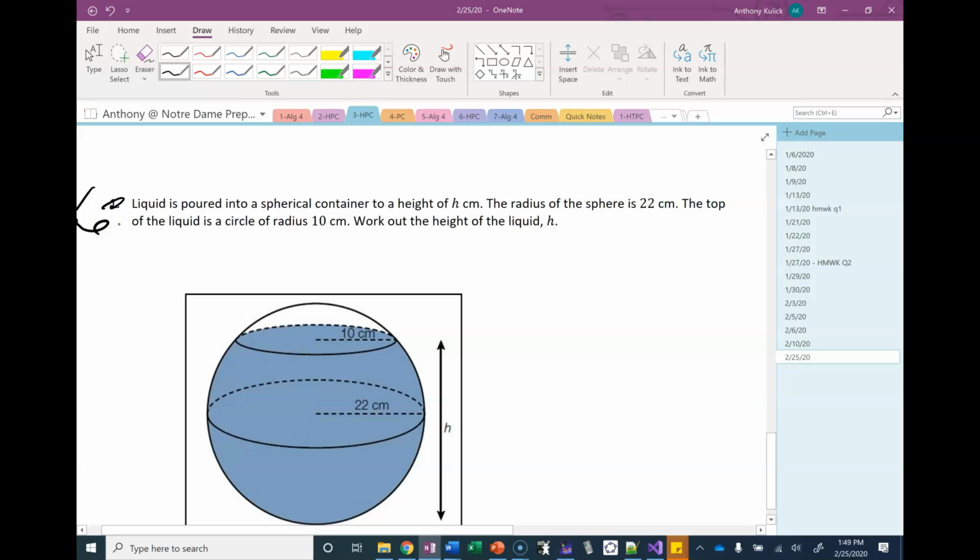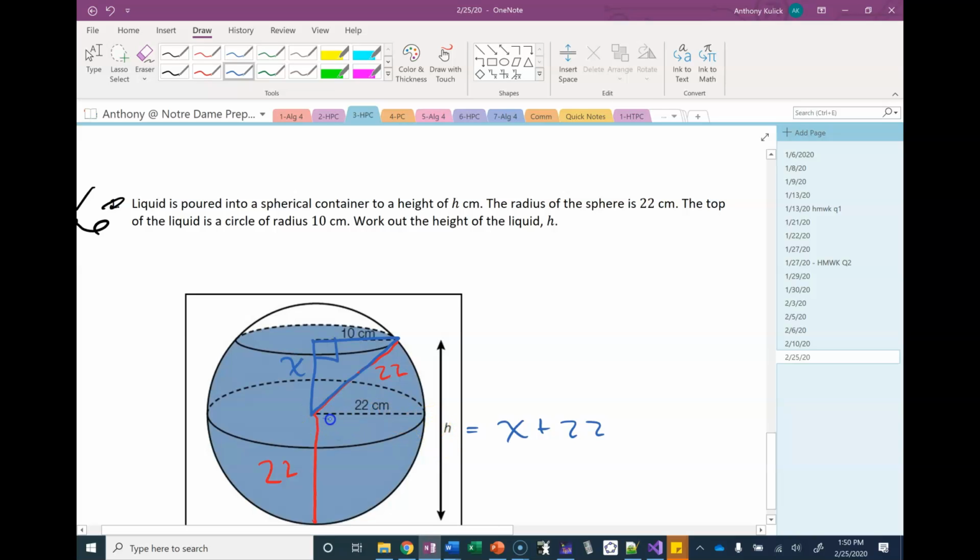Okay. So this is a radius. So it's 22. This is a radius. So it's 22. So the calculation triangle that I'm going to make is right here. So that side is x. So h is just going to be x plus 22. So I can just use the Pythagorean theorem to find x.